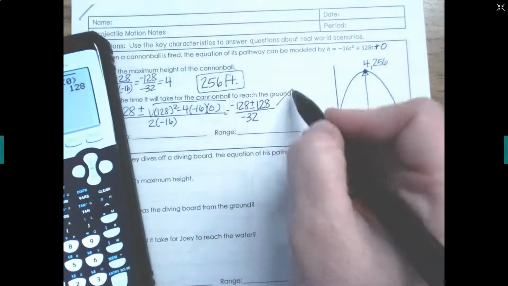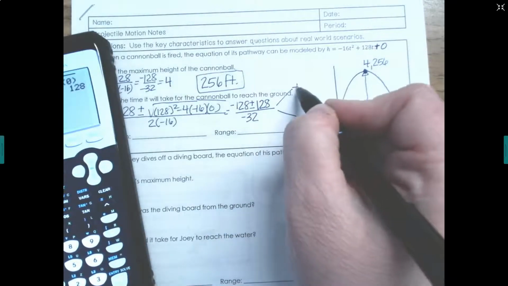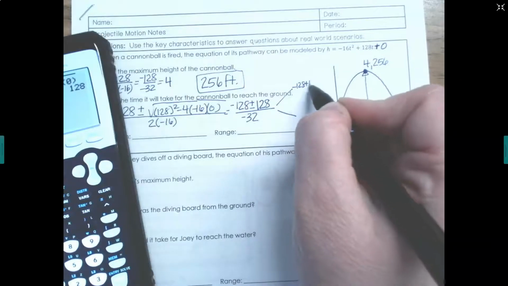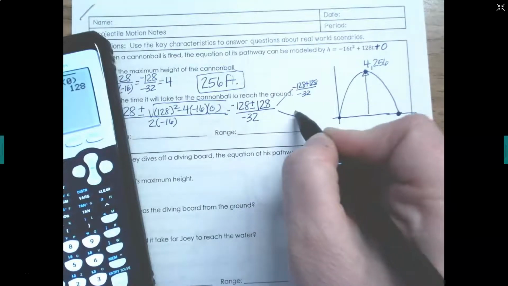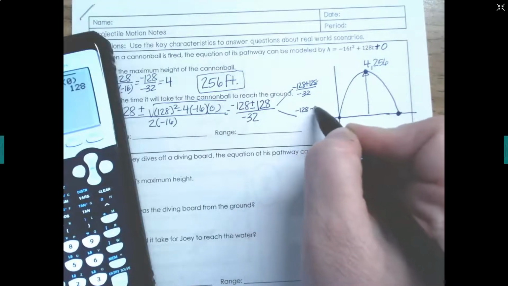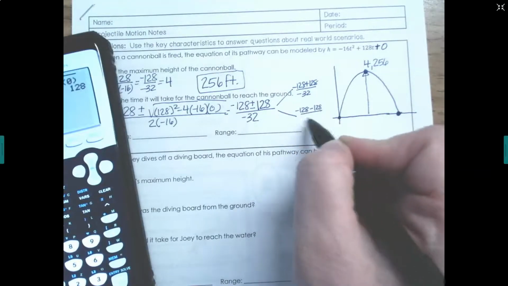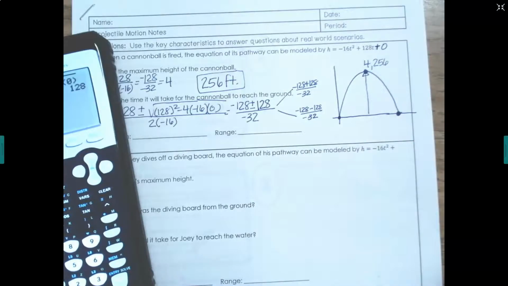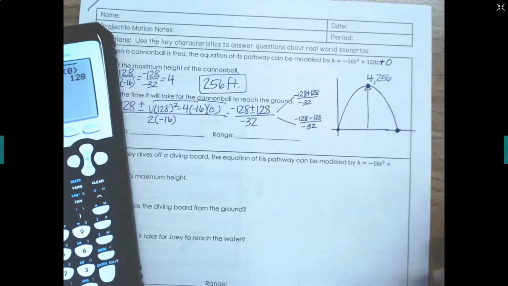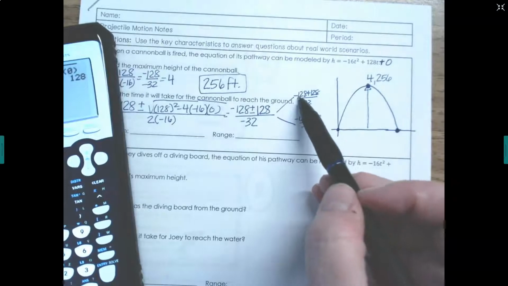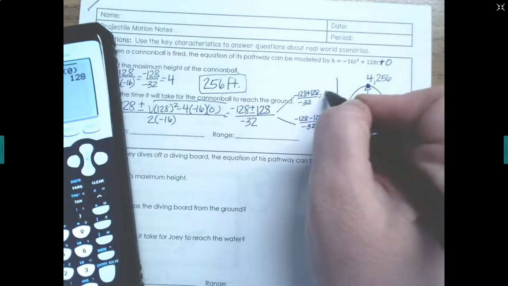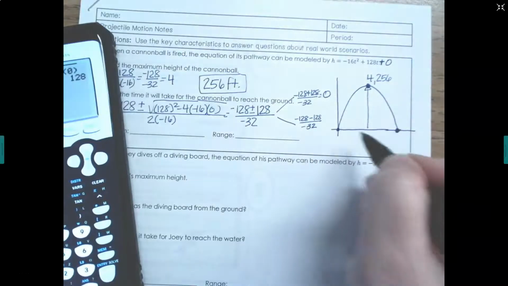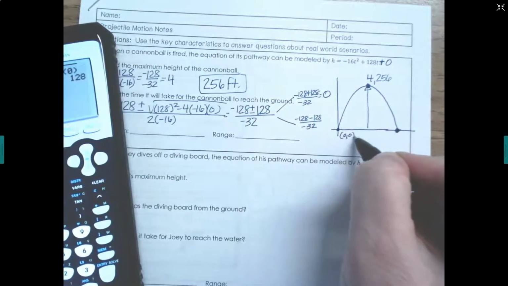We need to combine them down. So we have negative 128 plus 128 divided by negative 32, and negative 128 minus 128 divided by negative 32. So we have two problems to solve here. Well, negative 128 plus 128 is 0. 0 divided by anything is 0. So really that's this point right here at 0, 0.